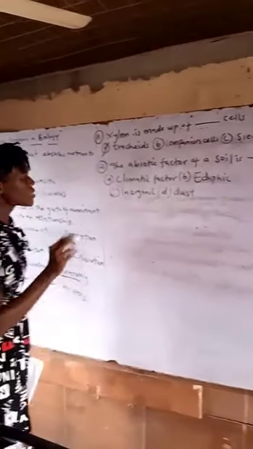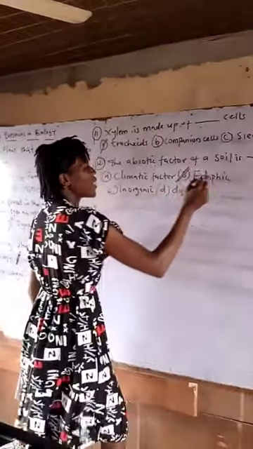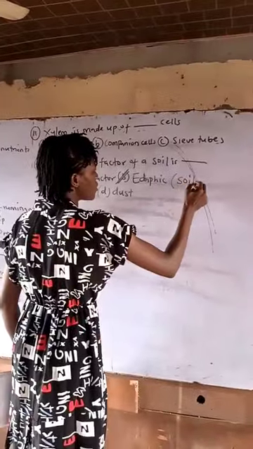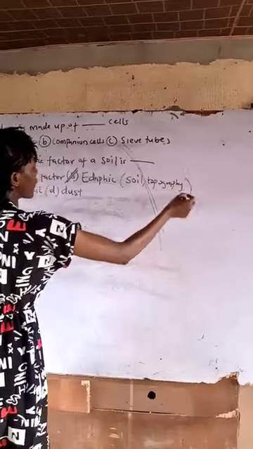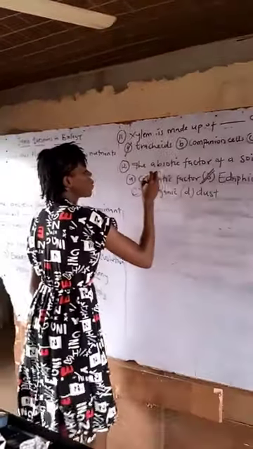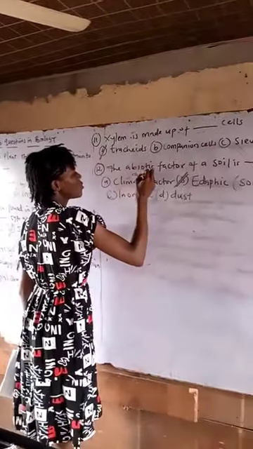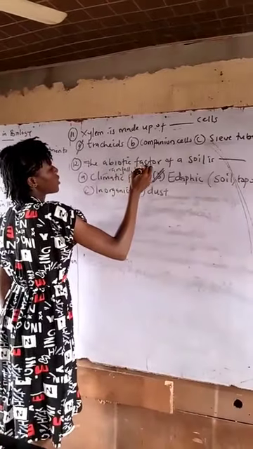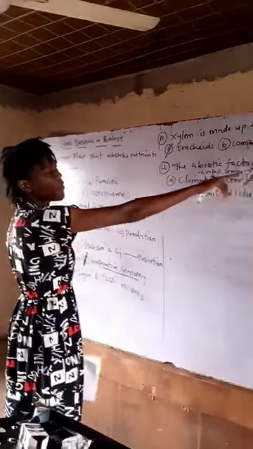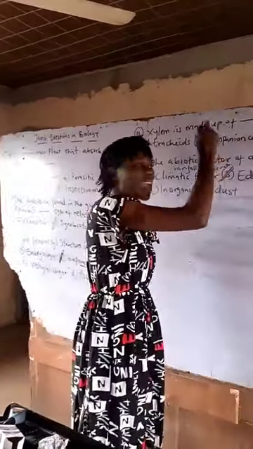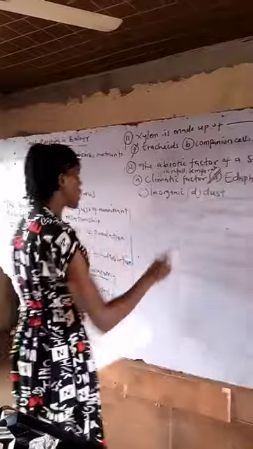Please, the answer is what? Edaphic. We're talking about the soil, okay? Topography. For climatic factor, we're talking about rainfall, temperature. So the abiotic factor of the soil is the edaphic factor. That's soil. The next question.